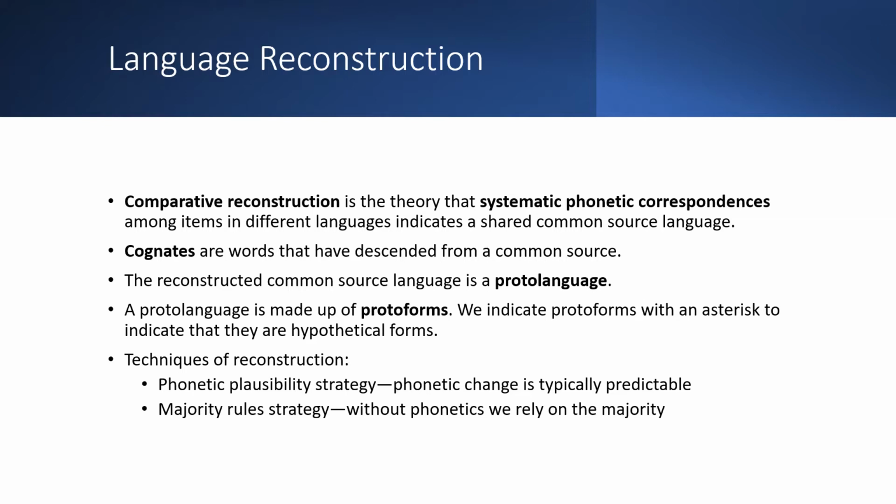The majority rule strategy is that sometimes we don't have a clear phonetically plausible way to decide which form would have been more likely to be the proto-form. And in that case, we rely on the majority. So if the majority of what we know about different examples of common languages tends to go one way, even if it is something we don't consider phonetically as plausible as some other options, we go with that majority.